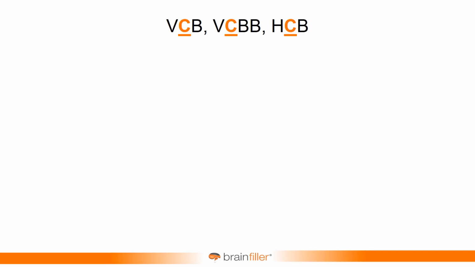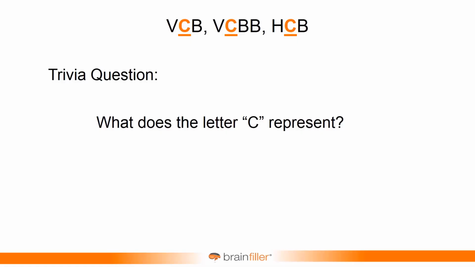When you look at all these acronyms, VCB, VCBB, HCB, you understand V is vertical, B is box, but what's the C all about? This is something that changed along the way. When these terms and configurations were originally put together, the terminology we used was VCB, VCBB. So the trivia question is, what does the C represent? It simply stands for cubic.